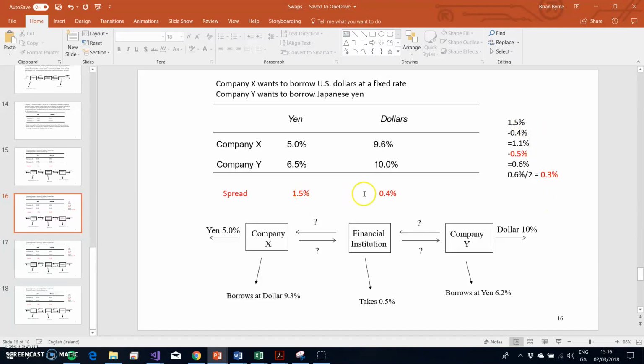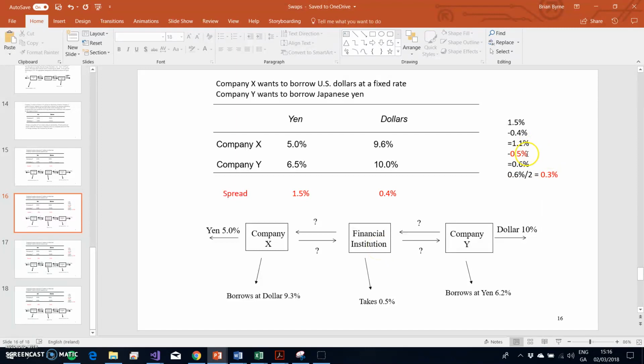If we take the difference in the spreads, the 1.5 and the 0.4, that gives us a 1.1 potential savings that can be divvied up amongst counterparty X, counterparty Y, and the financial intermediary.